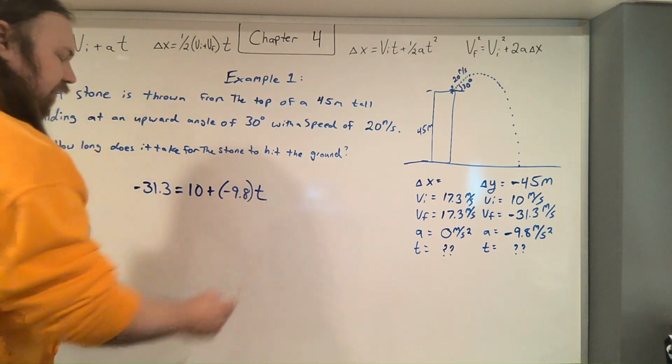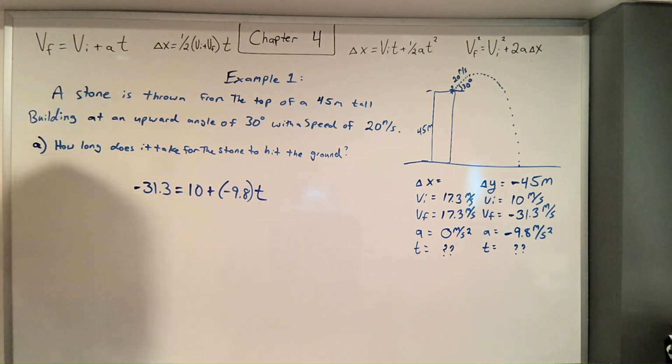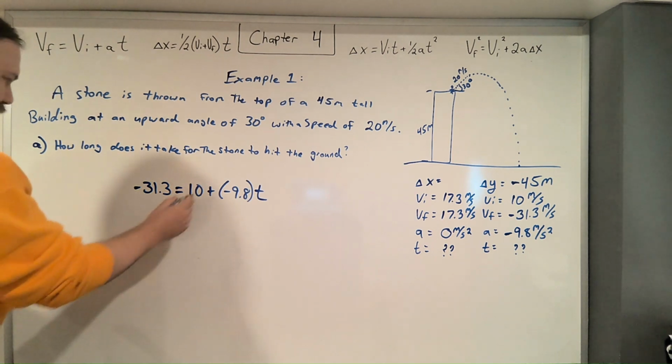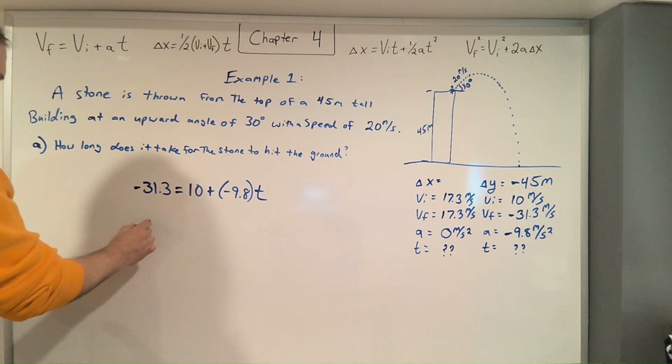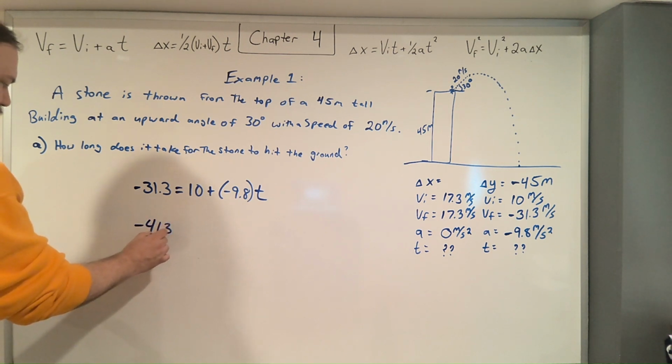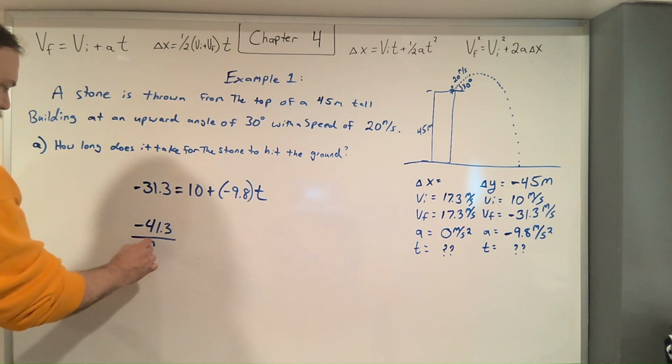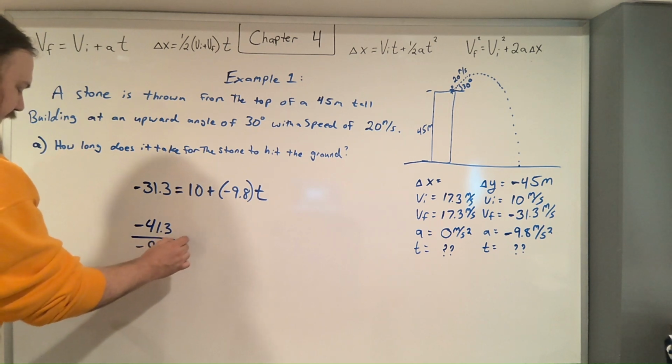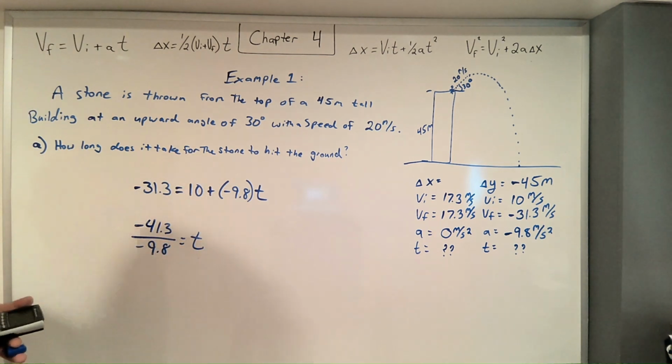That now solves for t being our only variable. First thing I'm going to do is minus that 10 to the other side, and then divide by 9.8. So minus 10 gives negative 41.3, and then I divide by that negative 9.8, and it should just leave a t.